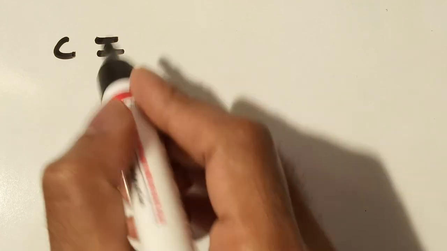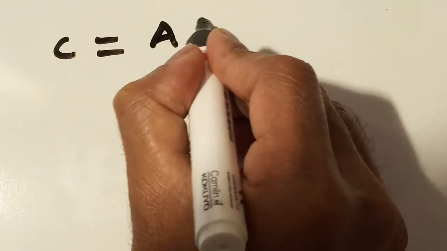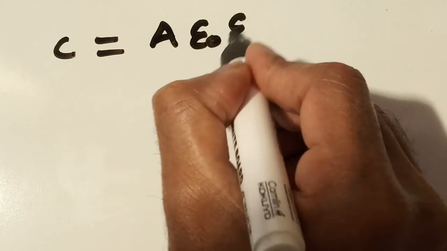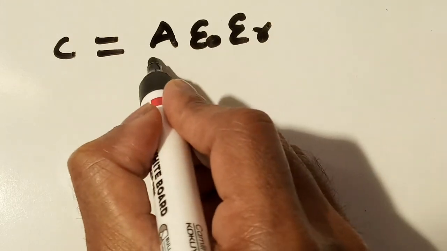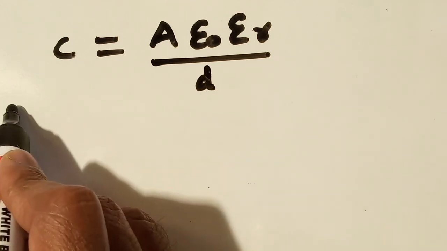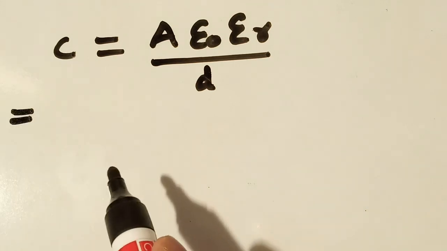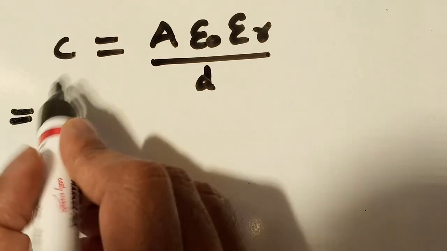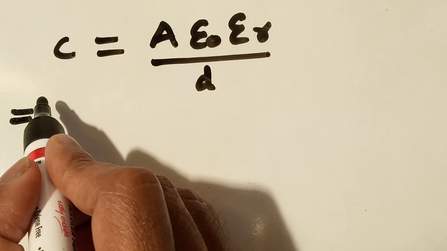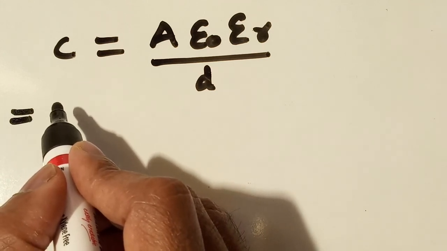So we'll solve. Capacitance is given as C equals A epsilon naught into epsilon R divided by D. What is our A? A is 10 centimeter by 10 centimeter, that is 100 centimeter square.